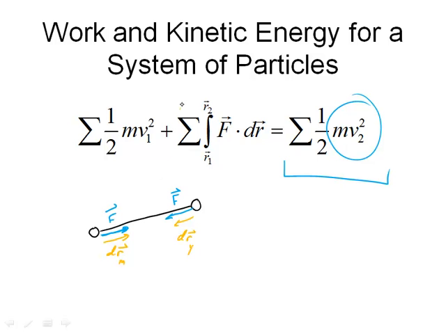So when we sum the two integrals, F dot dr for me plus F dot dr for you, those integrals don't cancel out. They might, but in this case they don't. And so the net work done is not 0. So there is a change in kinetic energy, even though we're looking at a system of particles. And if there are external forces acting on either one of us or both of us, they're also going to come into play in this term.